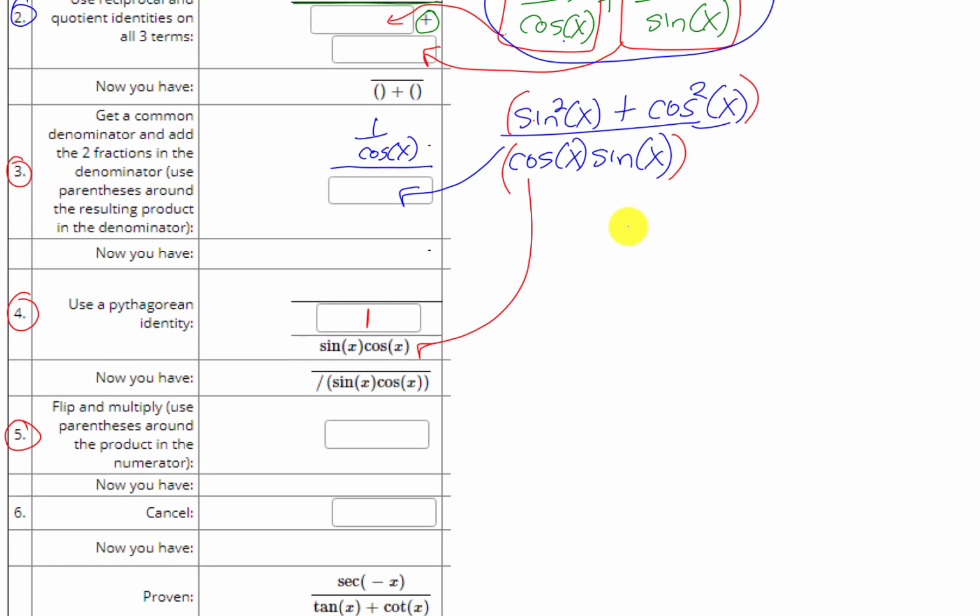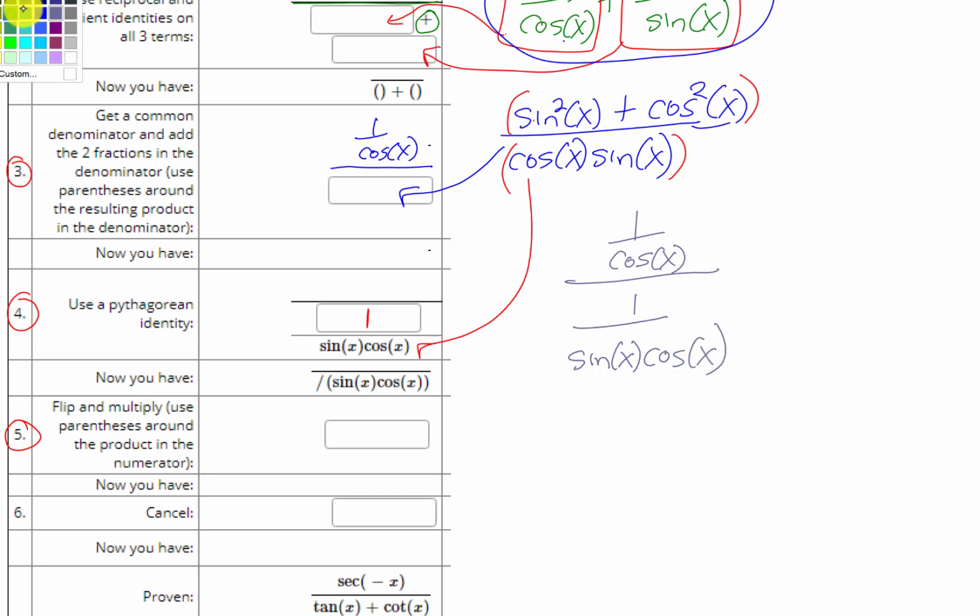So I'm going to write what we have because it's not showing up here since I'm not entering it in the computer. So we had 1 over cosine x in the numerator, and then we had 1 over sine x cosine x in the denominator. So we're dividing here, so we're going to multiply by the reciprocal. So we're going to flip that over and have sine x cosine x, and that's going to be over 1.